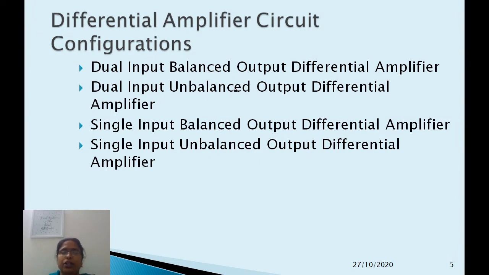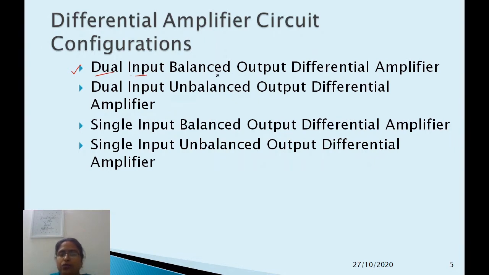The first one is the dual input balanced output differential amplifier. What do you mean by dual input? Dual means duo, two. So when we are using two inputs, Vin1 and Vin2, that is dual input.